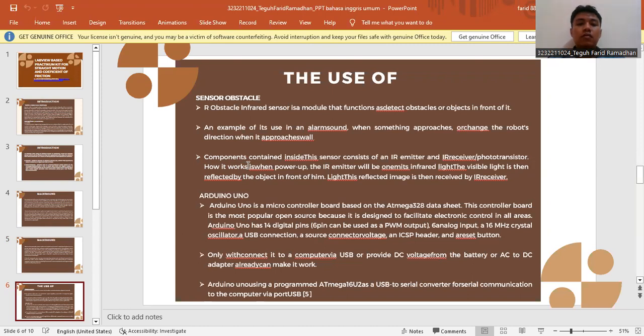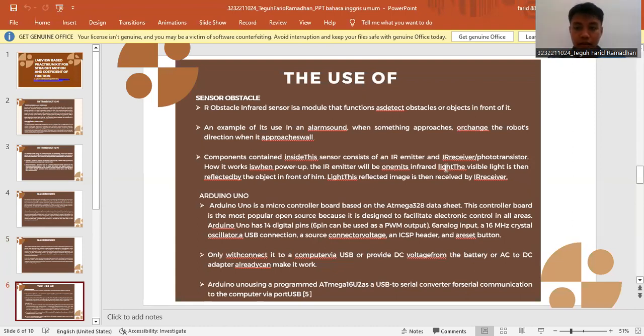inside this sensor consist of an IR emitter and an IR receiver, or phototransistor. How it works: when powered up, the IR emitter will emit infrared light.